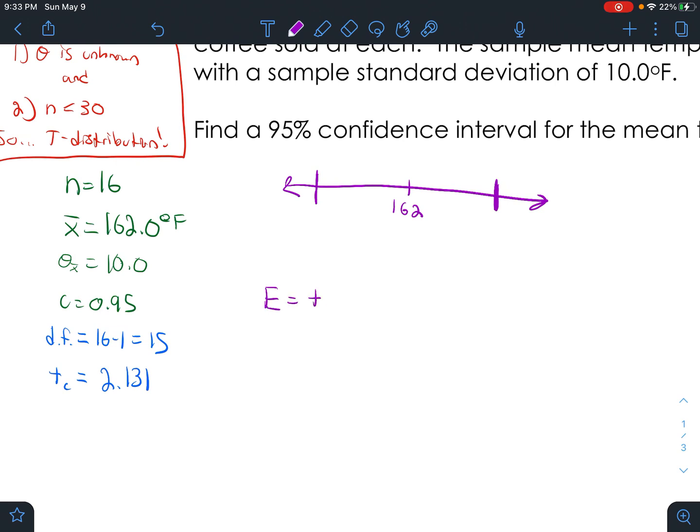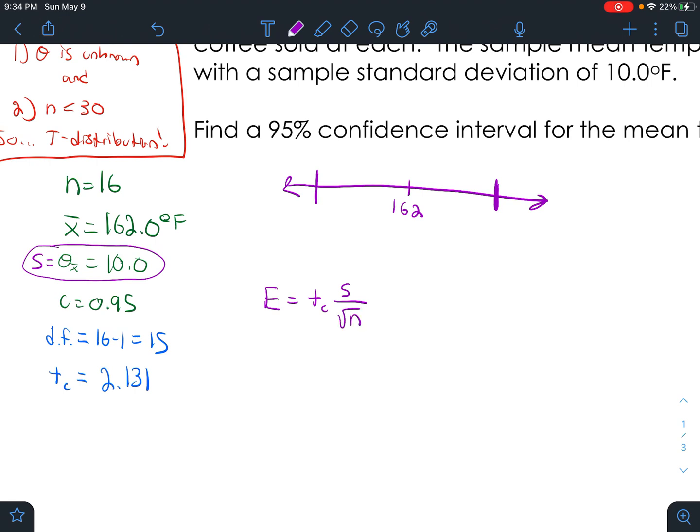The difference here is we're using T sub C instead of Z sub C. That is the only difference in this formula. And then we have our sample standard deviation, so we'll use lowercase s for that. I've been using sigma sub x bar in my class, so those are both fair ways to say that. I'll circle that just in case you missed me writing that, over the square root of n.